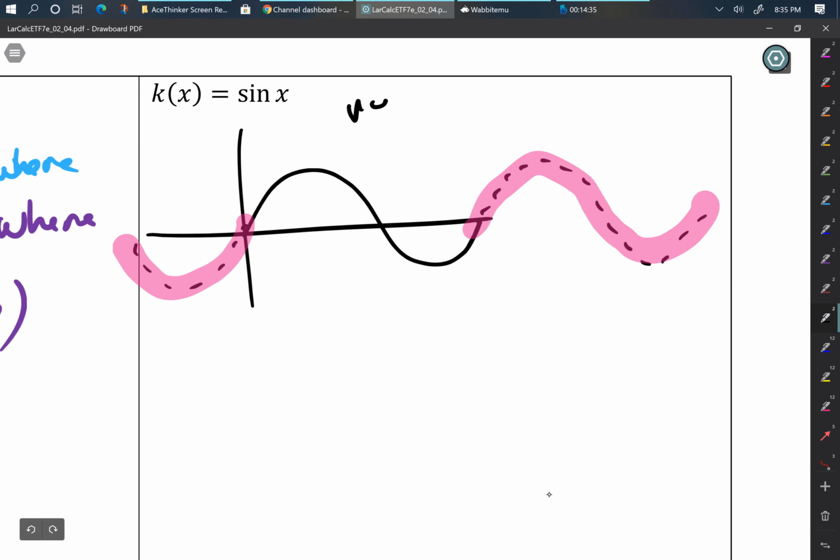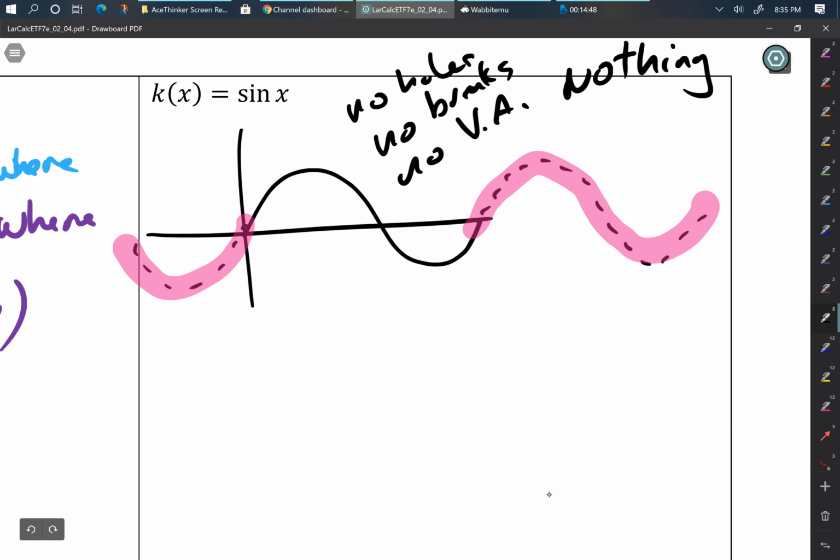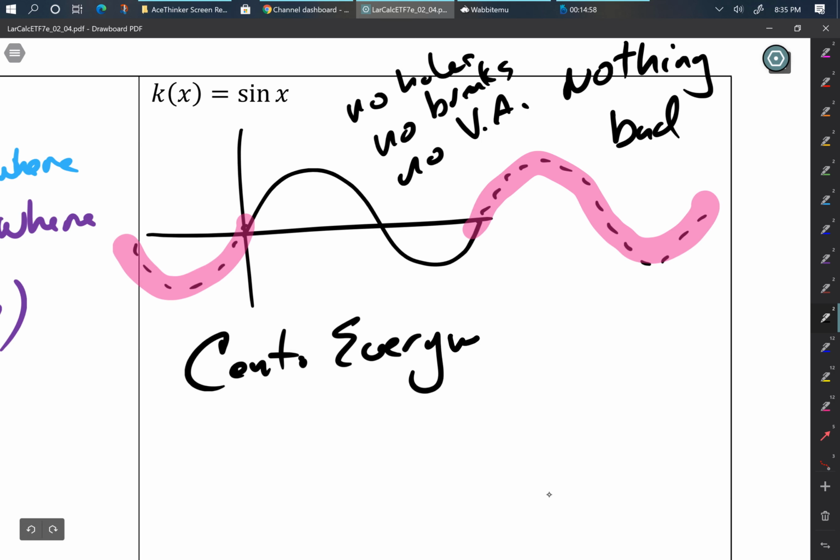No holes, no breaks, no vertical asymptotes. There is nothing bad. So there are no discontinuities. So this thing is continuous everywhere. Negative infinity to positive infinity.